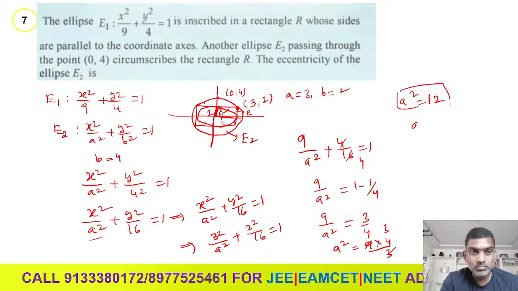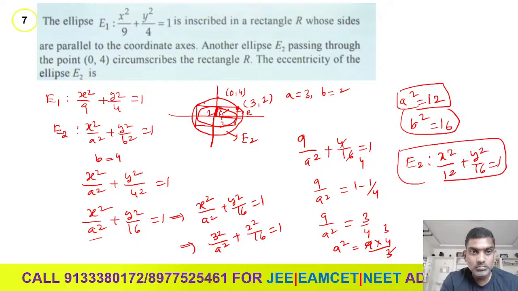So we got a square value 12 and b square value how much? 16. Right? Then what is ellipse E2? X square over a square, that is 12, y square over b square, that is 16, which is equals to 1. This is ellipse E2.